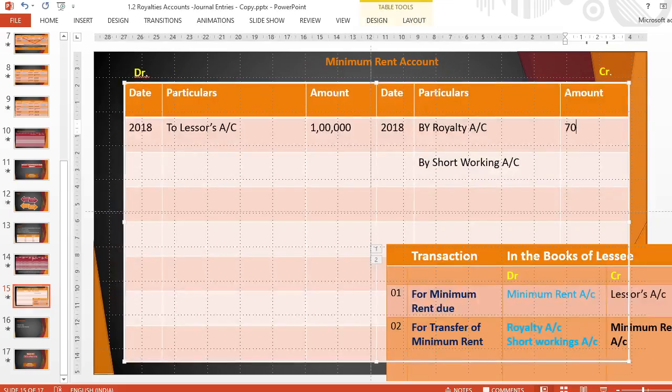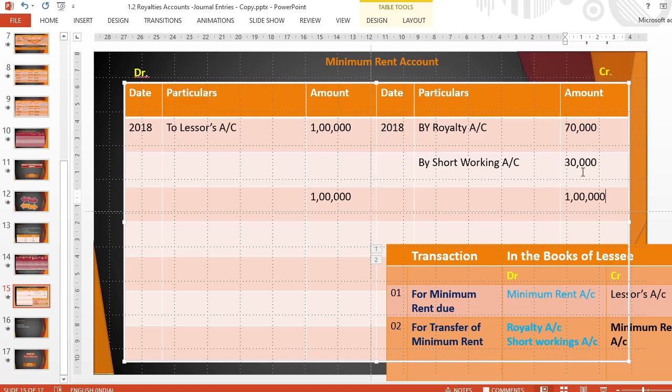So debit side 1 lakh rupees and credit side 70,000 plus 30,000, 1 lakh rupees. There are no other entries in the year 2018 in the books of minimum rent account, so I'll close the books of accounts in the year 2018. Debit side 1 lakh rupees and credit side again 1 lakh rupees.